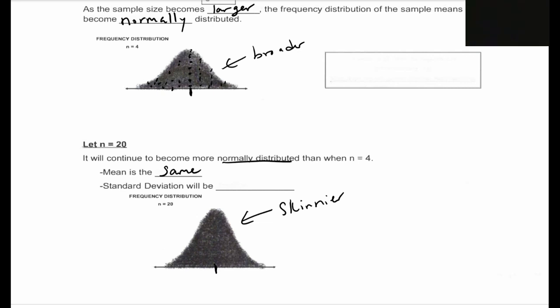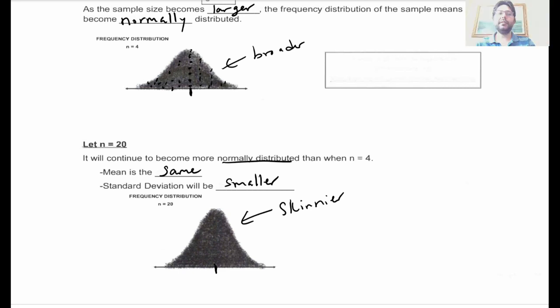So if you continuously do more trials or increase the sample size, the normal distribution will become more normal, but it'll have a skinnier shape, which means the spread is smaller. The standard deviation will be smaller. And that is essentially the central limit theorem, guys.